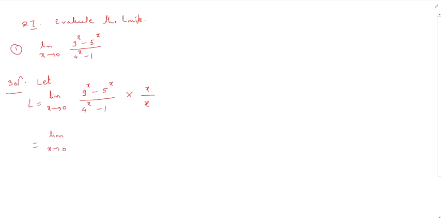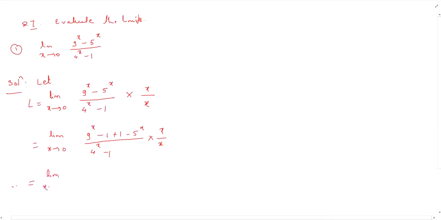Now how to write it? First 9^x, here we have to adjust this 1, so we can write minus 1 plus 1, it again becomes 0, minus 5^x, over 4^x - 1, into this x by x as it is. Okay, we will use it when we write this function in the required form.